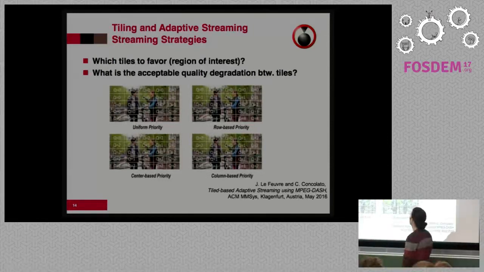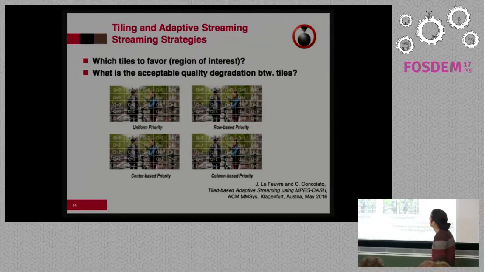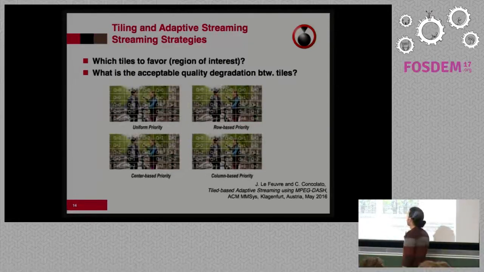Here we have 4: uniform priority, row-based priority, center-based priority, or column-based priority. As I said, we don't have a standard, but it can be used with a gaze tracker or a head tracker, for example.